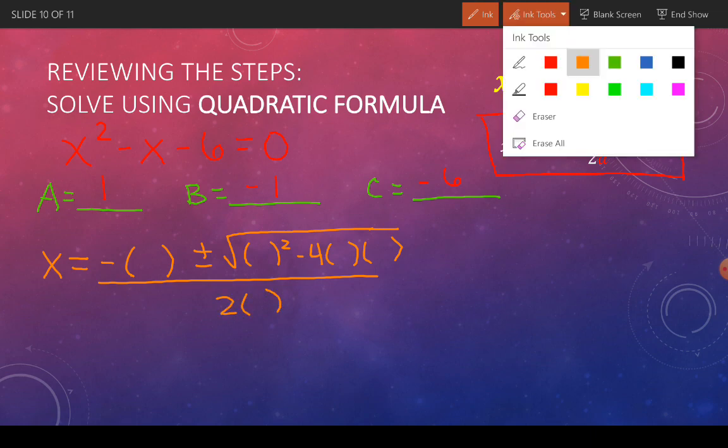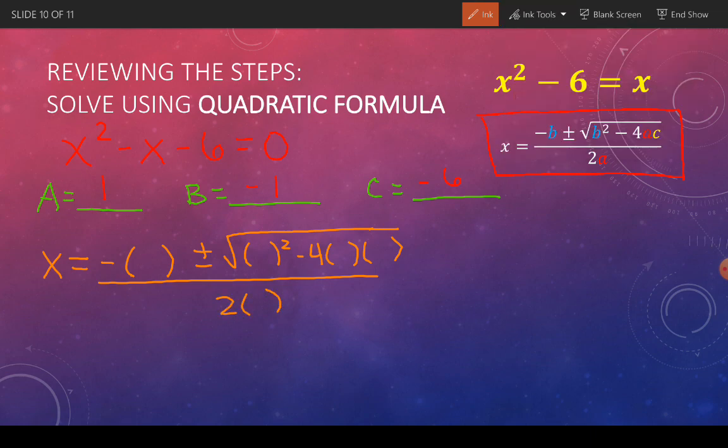So I actually want to go ahead and fill in the variables now. So b goes here, so negative negative 1 plus or minus the square root of b squared minus 4 times a times c, all over 2 times a.